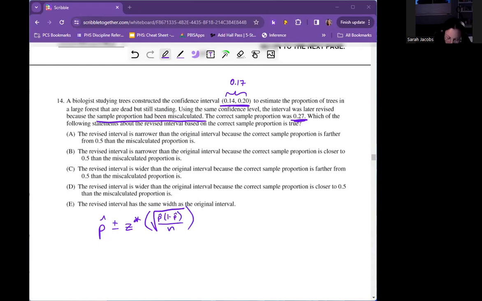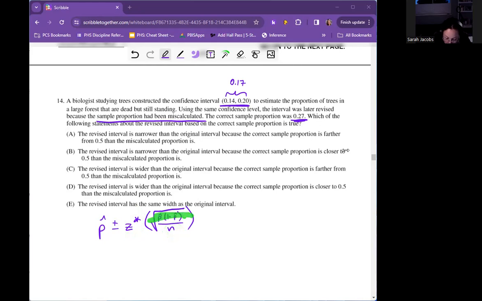So this takes a little bit of algebra thinking. So if p hat is greater, obviously that's going to shift it up. If we make this numerator bigger, this critical value isn't changing, our confidence level is staying the same. This sample size isn't changing, it's staying the same. So the only thing that's changing is up here.